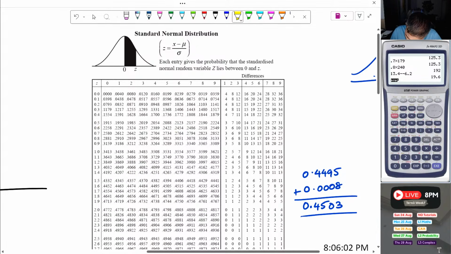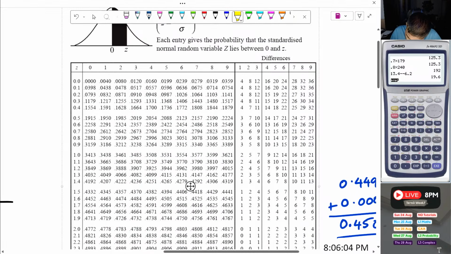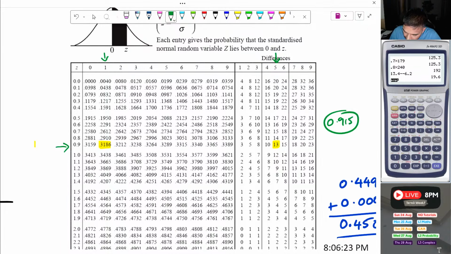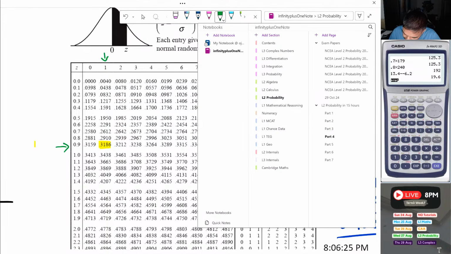Looking for 0.32 roughly is somewhere here. So we've got 0.3186 and then the 13 there. So really we're looking for 0.91 and 0.915. So that is roughly the Z value that we should have.